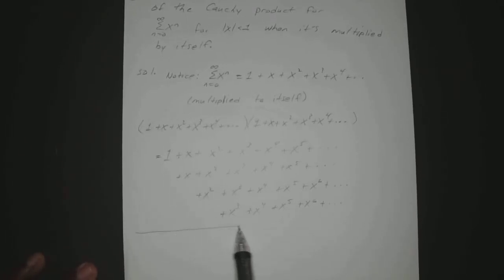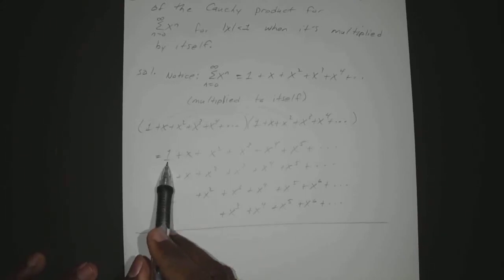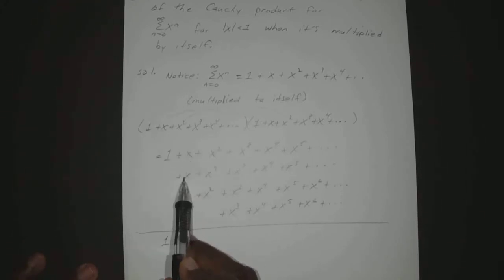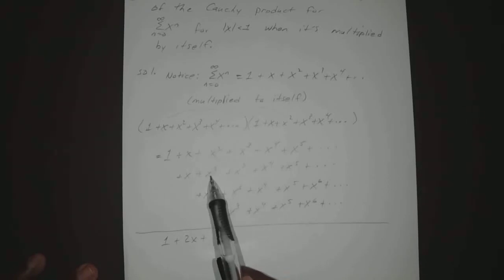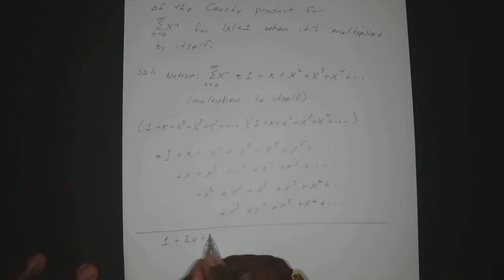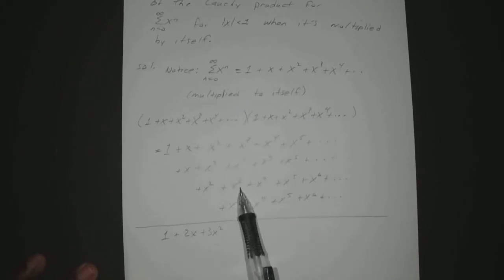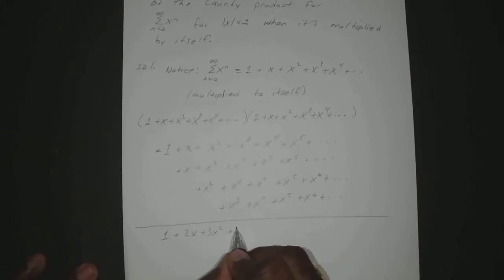Okay. So really all we want are the first 4 terms. So here you have 1, plus x plus x is 2x, plus x squared plus x squared plus x squared is 3x squared, plus x to the third plus x to the third plus x to the third plus x to the third is 4x to the third, and it keeps on going like that. Okay.